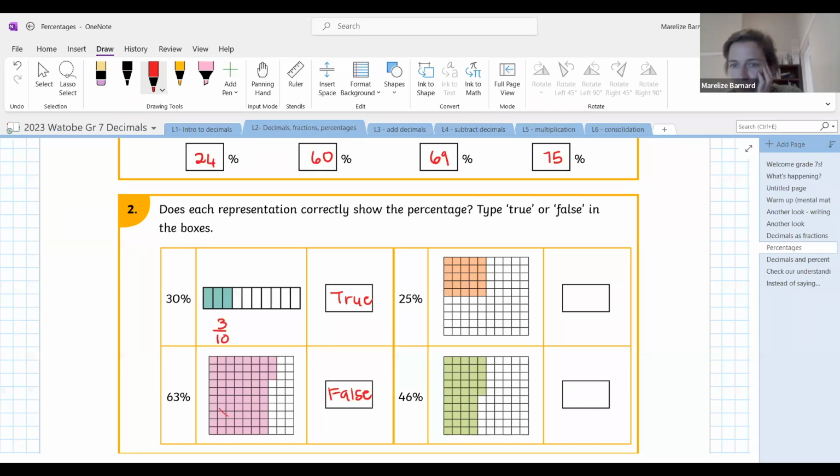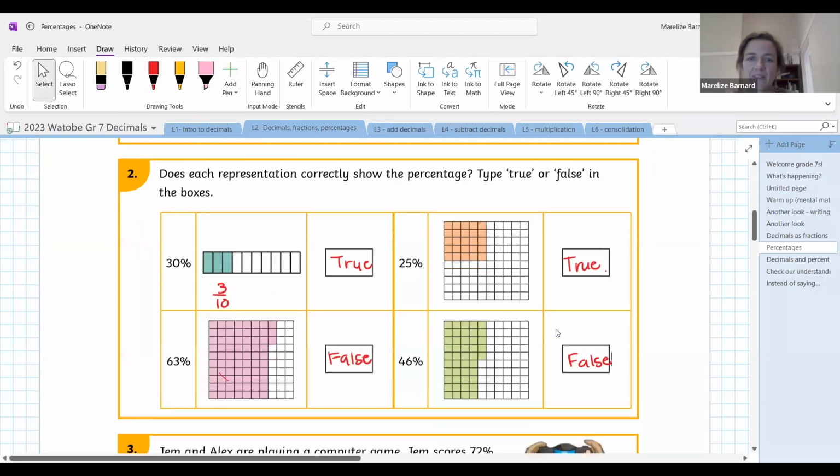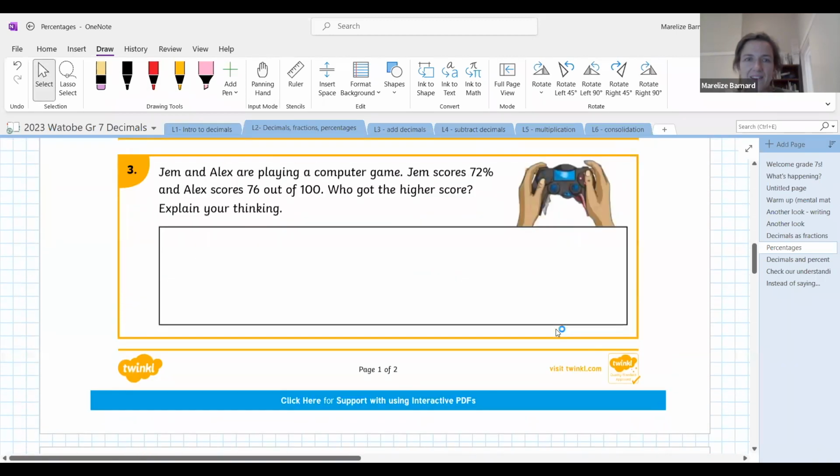Is that true or false? 25% shaded? 5, 10, 15, 20, 25, that is true. And the last one, is it 46? No, they're missing one block. That is false.